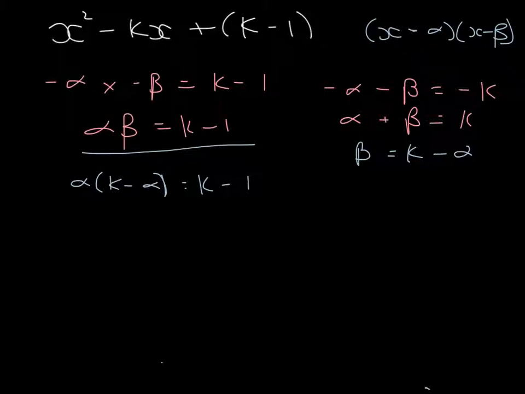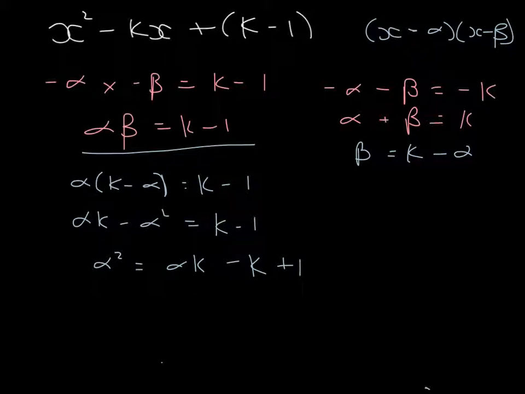Then I'm going to multiply that out and get alpha k minus alpha squared equals k minus 1. Or I could have that alpha squared must be equal to alpha k minus k plus 1, if I do a rearranging of that.